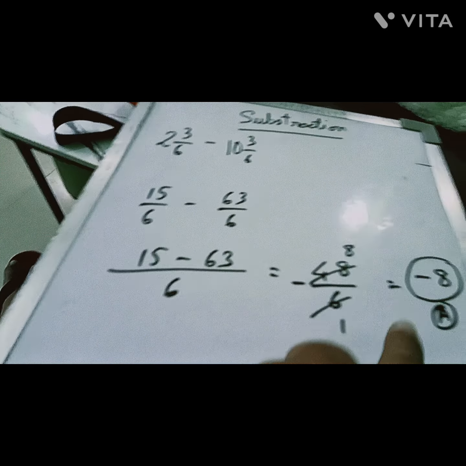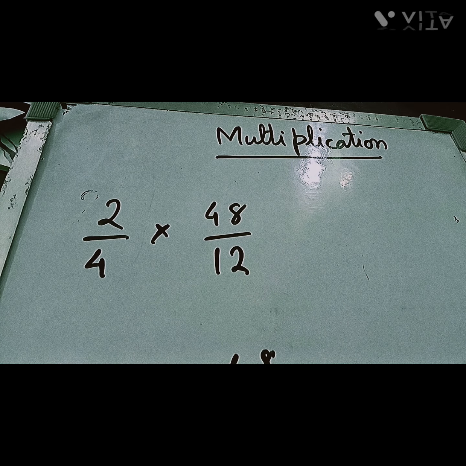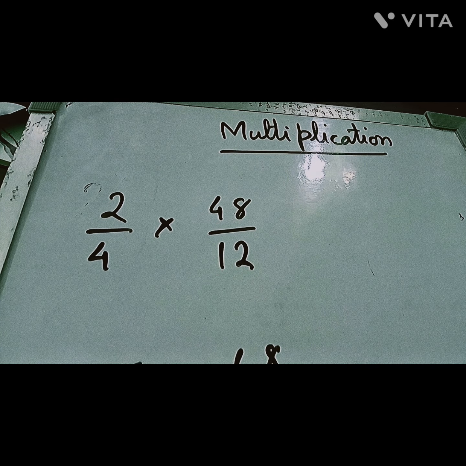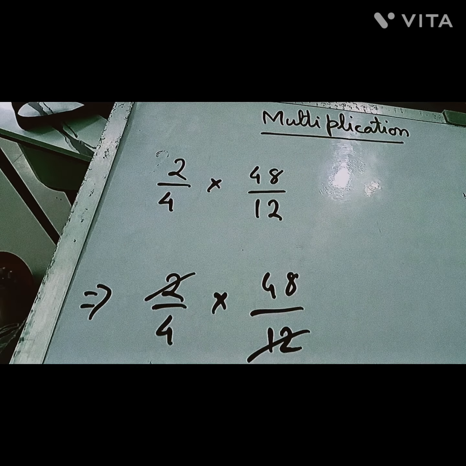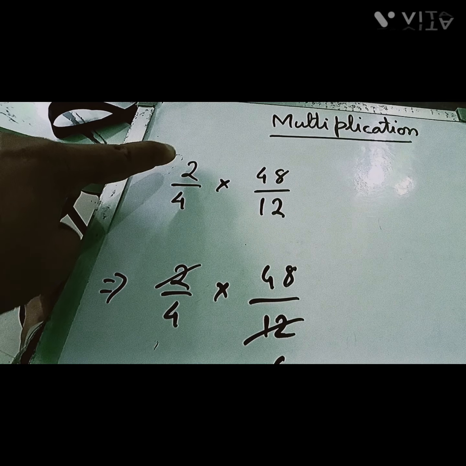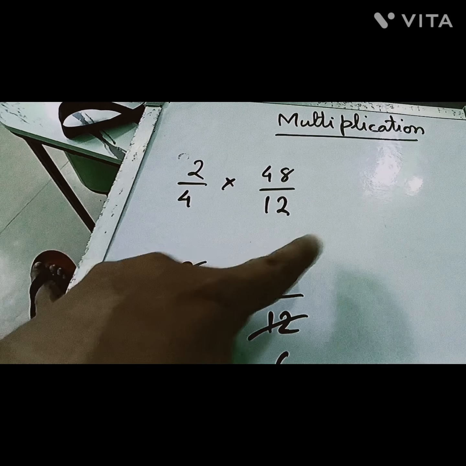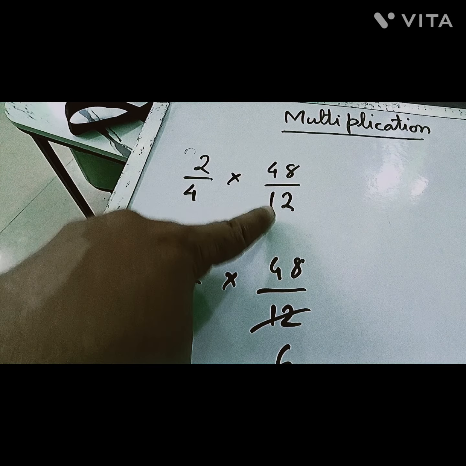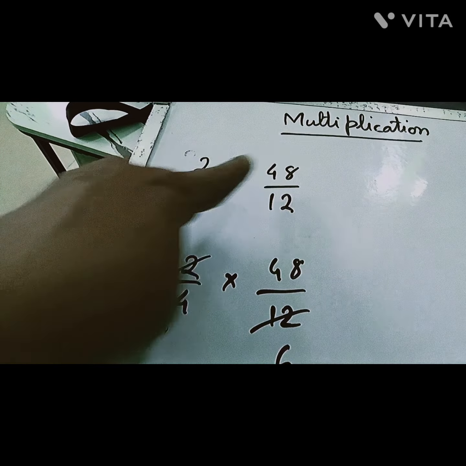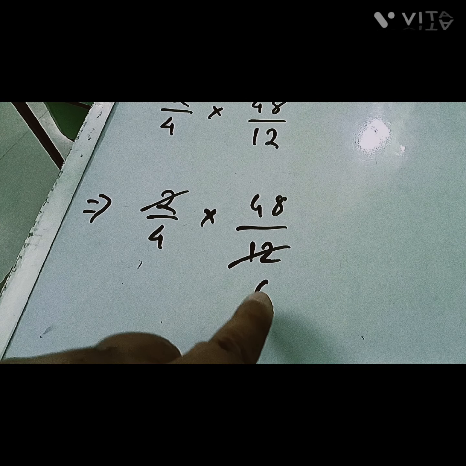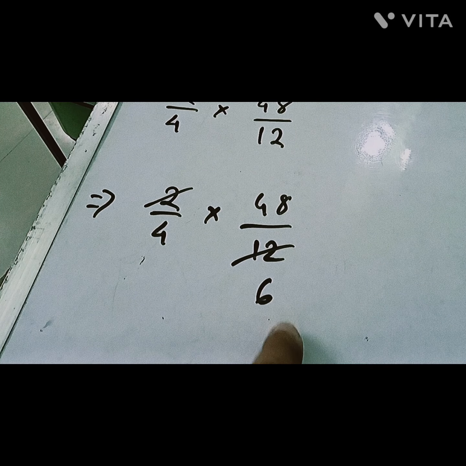Next topic is multiplication. 2 by 4 into 48 by 12. So very simple. We can reduce the numerator and denominator to their lowest terms. By reducing, it can be reduced in this order or in cross order, right? So I have crossed it. 2 and 12. 2 ones are 2, 2 sixes are 12.